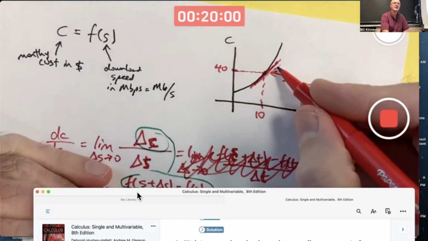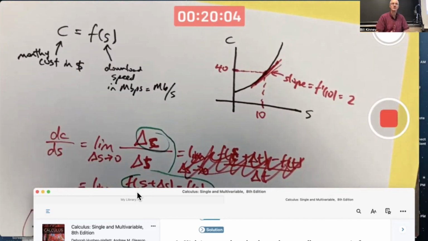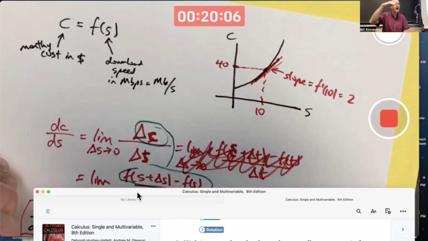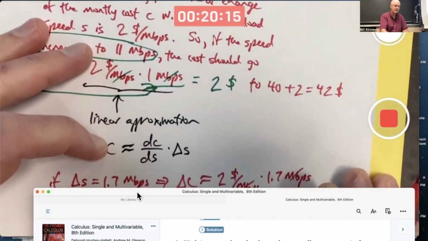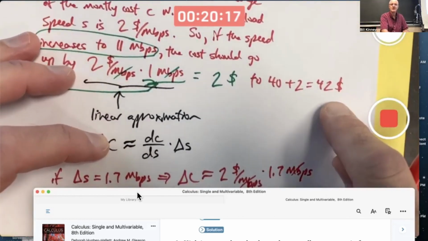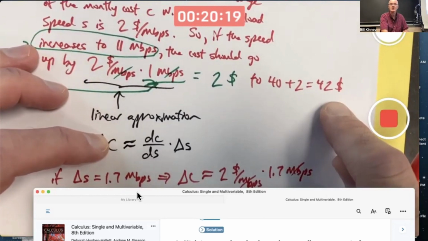And the approximations you get from that tangent line will be too small because it's below the curve. When a curve is concave down, then the tangent line is above the curve and the approximations are too big. So if our curve's concave up, this approximation here is probably a bit too small. The real cost is more like $42.10 or something.